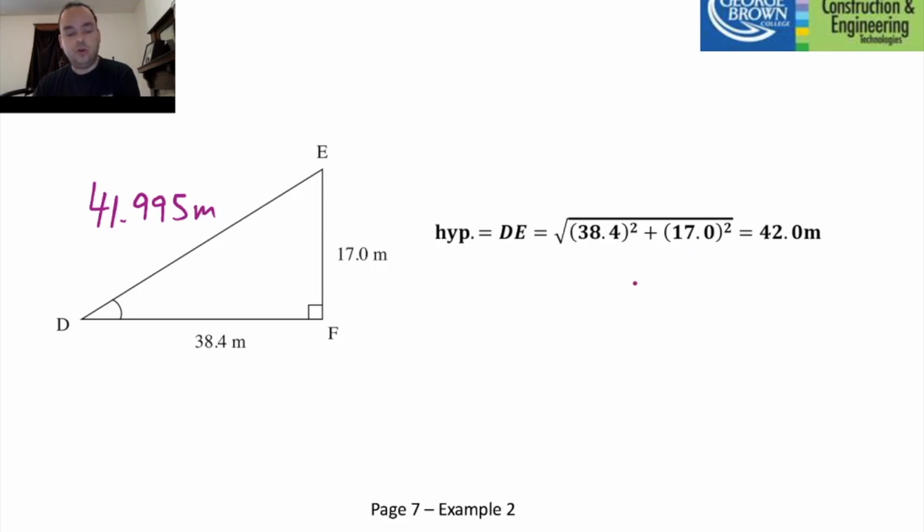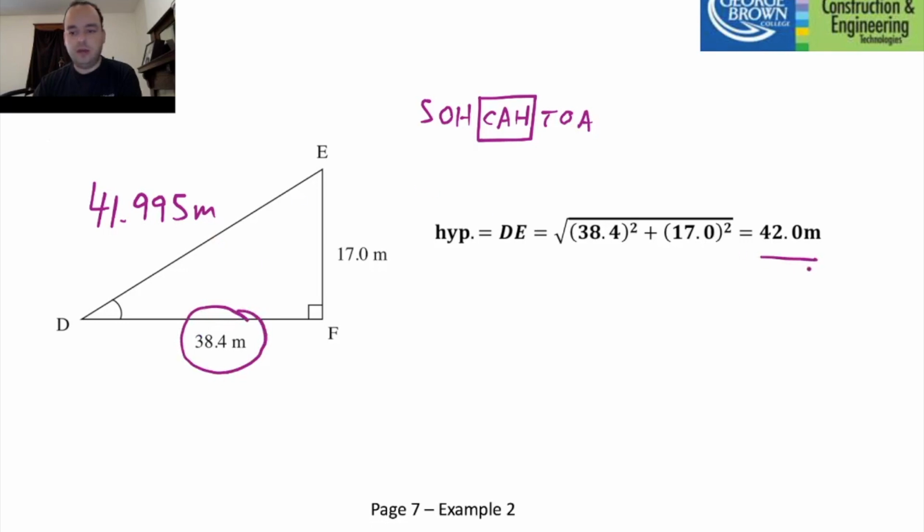In order to find cosine, think about what the cosine ratio is. Well, cosine, if I write SOHCAHTOA, what's cosine defined as? It is the adjacent divided by the hypotenuse. So in this case, it would be 38.4 divided by that number, or if you want a more accurate representation right here.